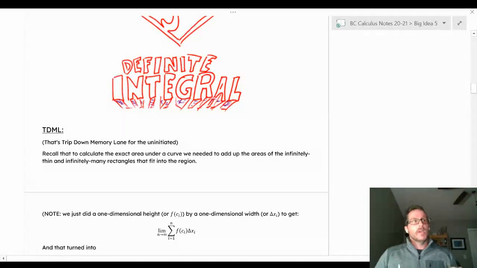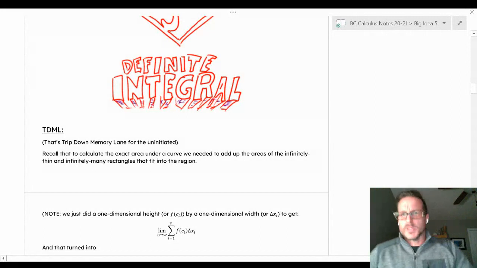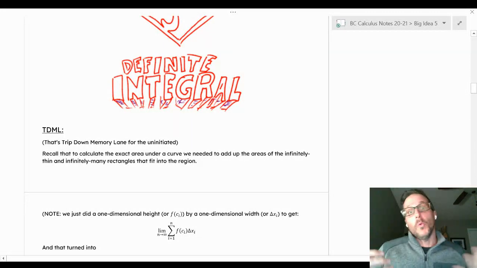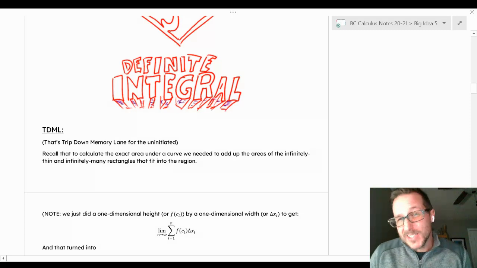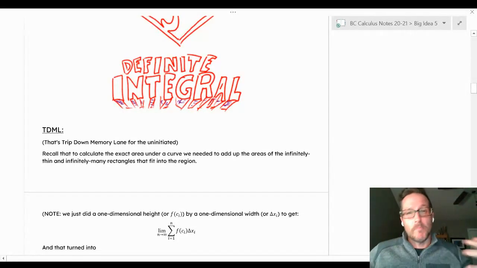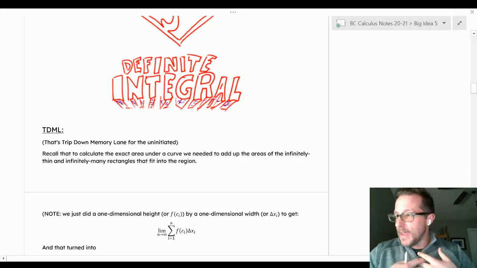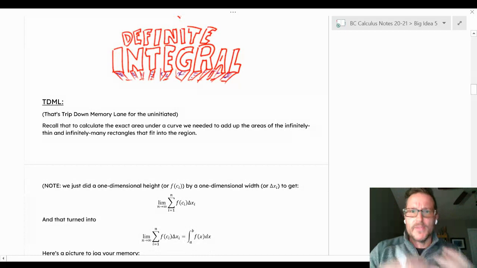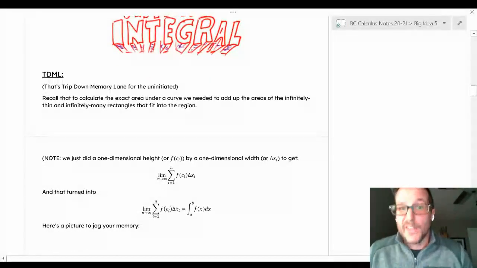So we took the height, which was some f of c sub i. We took the width, which was some delta x sub i. We multiplied those two together and added it up. We made the number of subintervals go to infinity, and that limit of a sum turned into the definite integral.